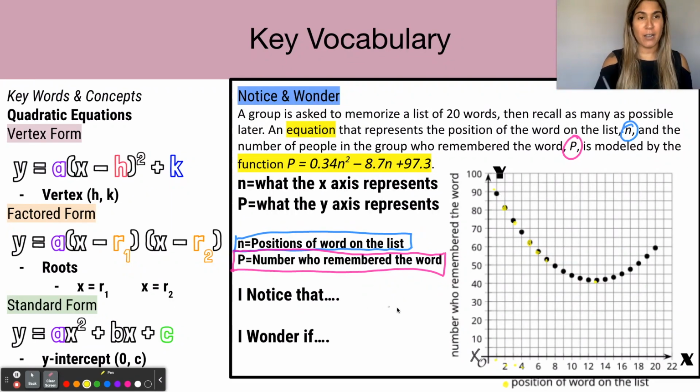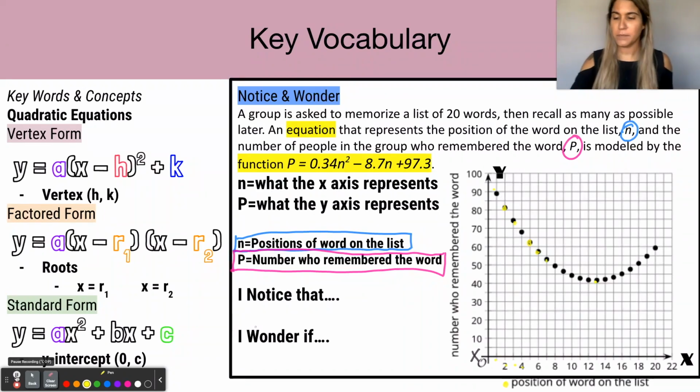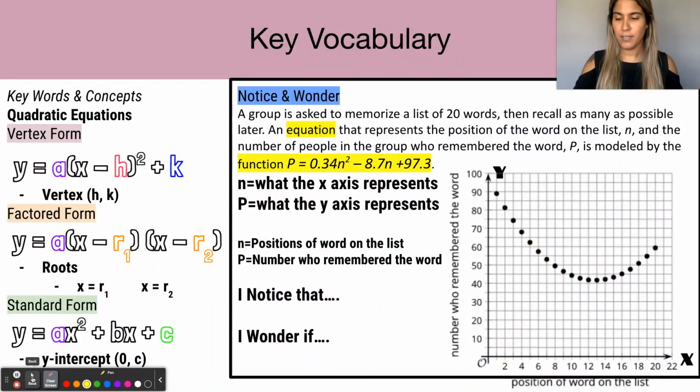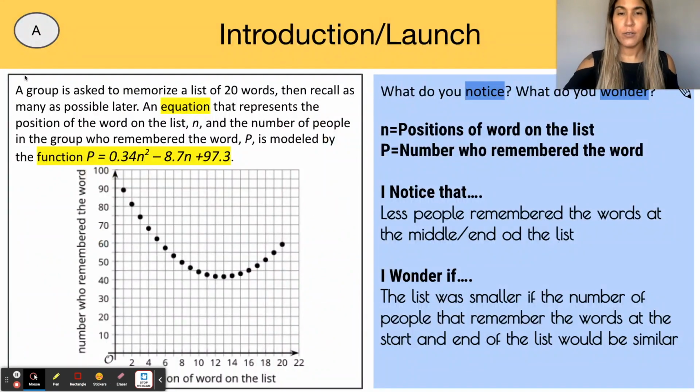So what is a noticing and what is a wondering? These are your sentence starters: I notice that, I wonder if. Looking here, I say, I notice that less people remember the words at the middle end of the list.